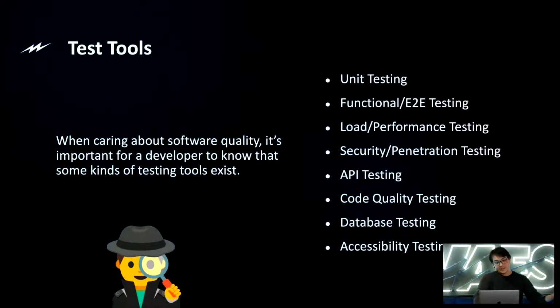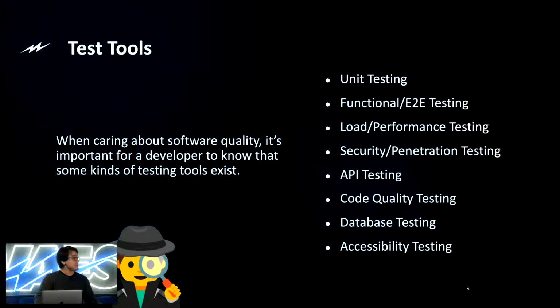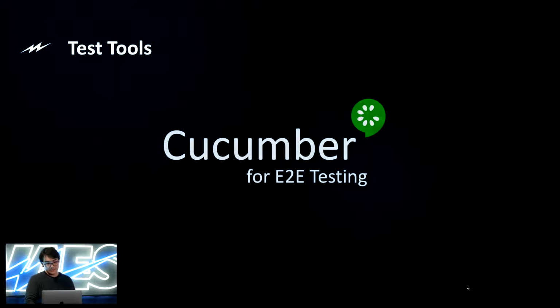We also have API testing, code quality testing, like we are used to with Sonar, database testing, so you can test your queries or maybe your procedures, and even accessibility testing. So if you want to make sure your front end is accessible, you can use a tool for that. But for this talk, we're going to focus on the second item, which is end-to-end testing, and we are going to speak about Cucumber.